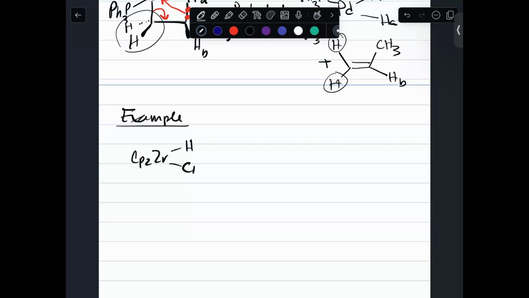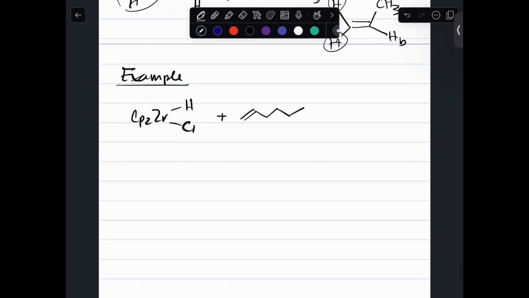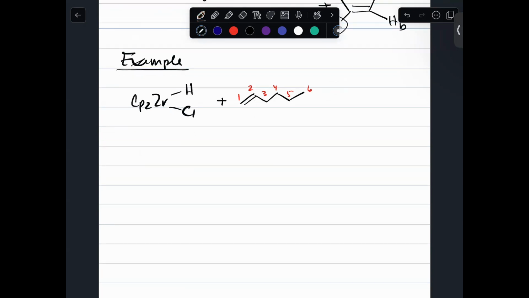This is the Schwartz reagent, and you can treat it with really any alkene. What I'm going to do is number this alkene first. I'm going to draw the Schwartz reagent a couple more times.